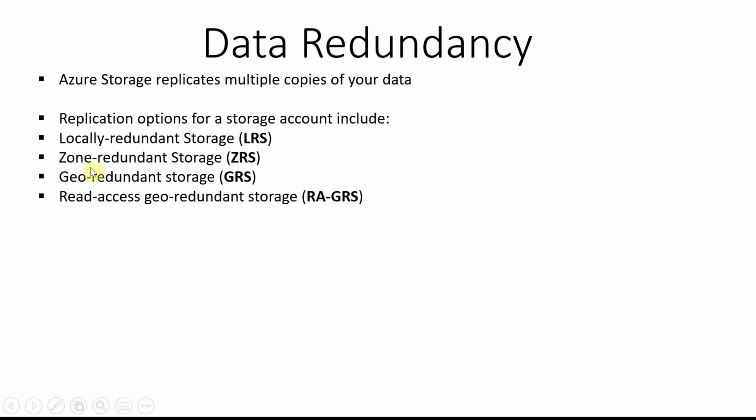The options that we have are LRS, locally redundant storage, zone redundant storage, geo redundant storage, and read access geo redundant storage. Typically, they're called LRS, ZRS, GRS, and RA-GRS. Locally redundant: if you remember the high availability story that we discussed before, we have only one data center.